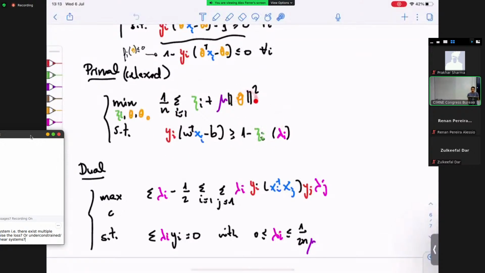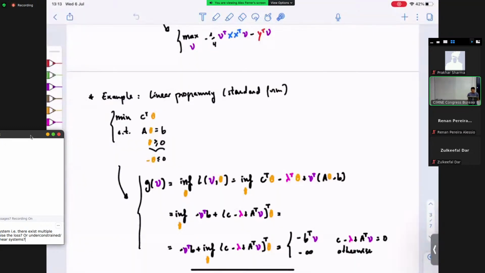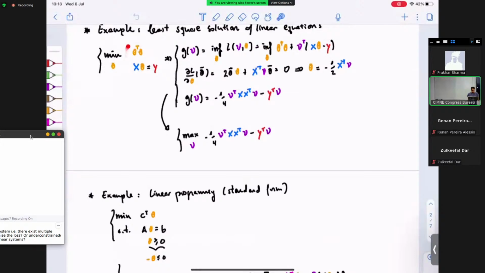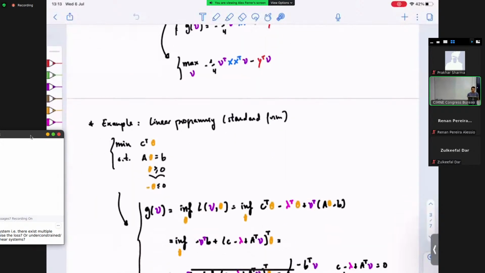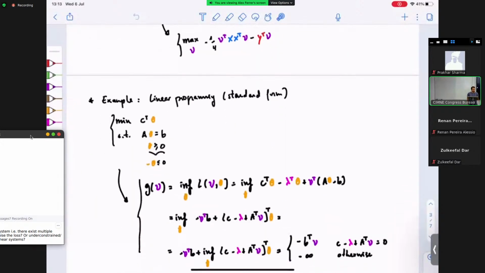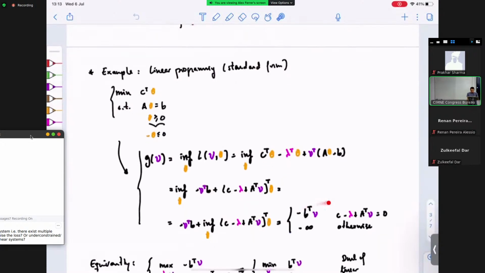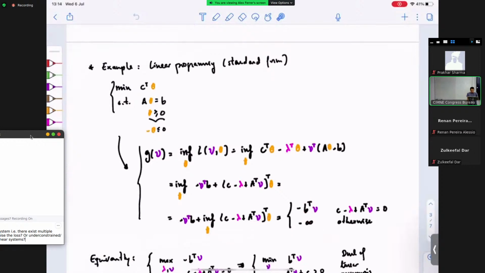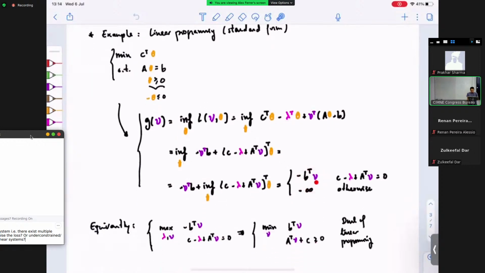No, quadratic, sorry, quadratic programming. So it's not this example, it's a combination of this with this. We didn't do this example, but you have to do the same. You take the infimum of the Lagrangian, you obtain the best theta, and then you plug it inside, and you have everything in terms of mu.